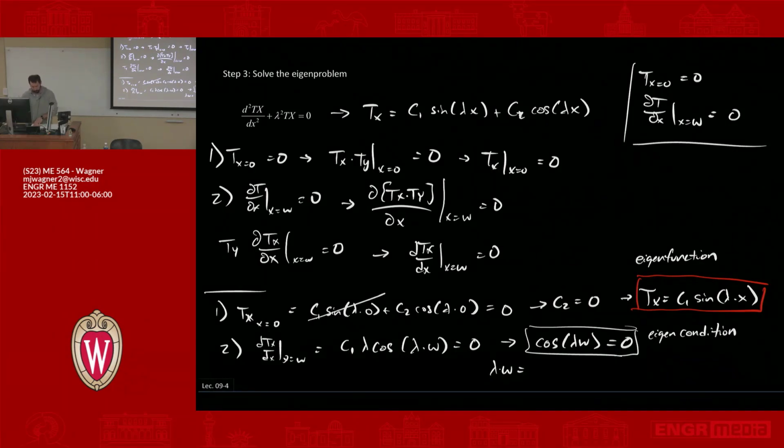When it's equal to pi over 2, and when it's equal to 3 pi over 2 and 5 pi over 2, etc., that's when this is satisfied. So these down here are called our eigenvalues.